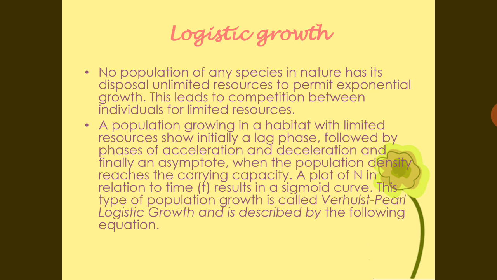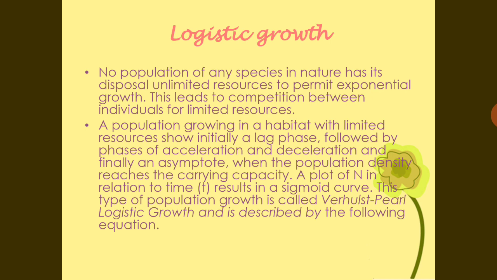This natural limit for the species in that habitat is called the carrying capacity, denoted by capital K. Nature does not provide unlimited resources to permit exponential growth of any species. This leads to competition between individuals for limited resources, and the fittest individuals survive and reproduce, which is based on Darwin's law.